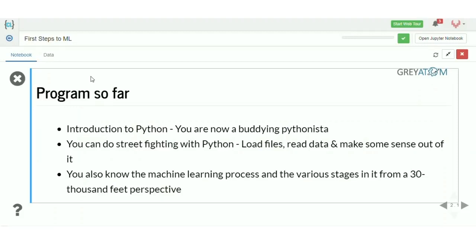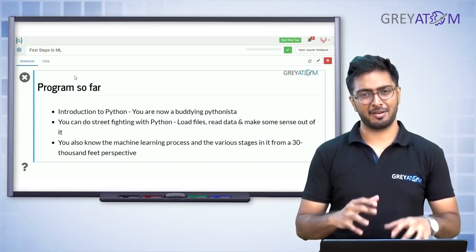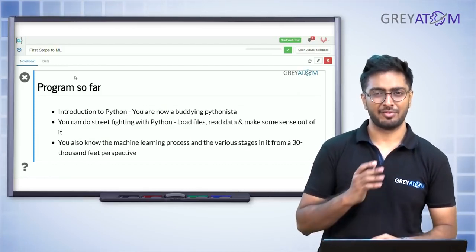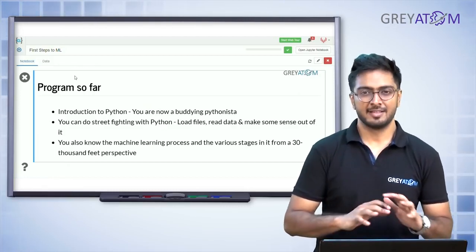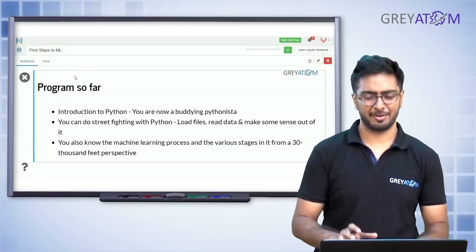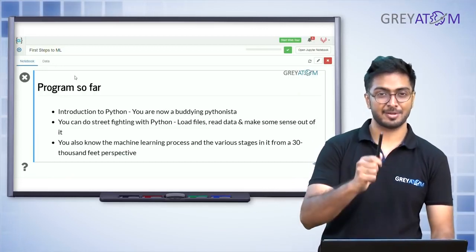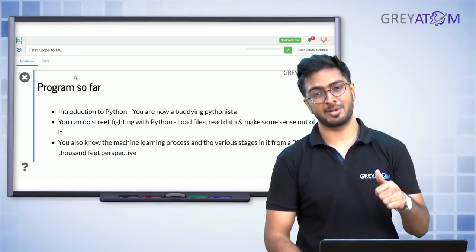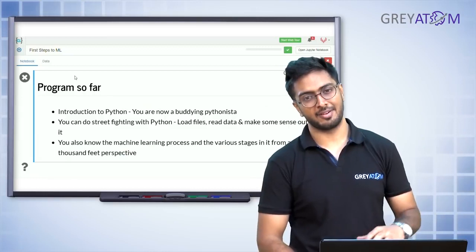And you also know the machine learning process and its various stages from a 30,000 feet perspective, right? So you have that overall idea of what machine learning is all about, and what differentiates machine learning from rule-based systems. That's a fairly good place to be in. Also, what is not written here is that you know about descriptive stats: mean, median, mode, standard deviation, interquartile range, all of that.